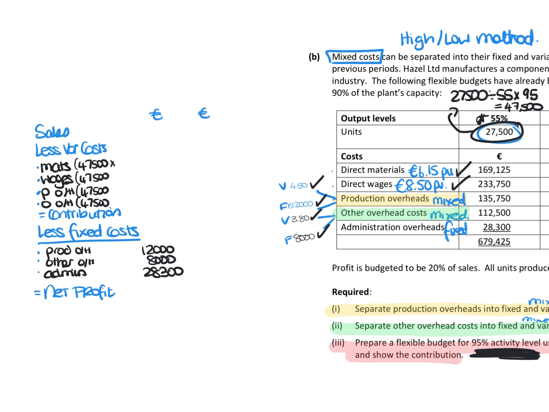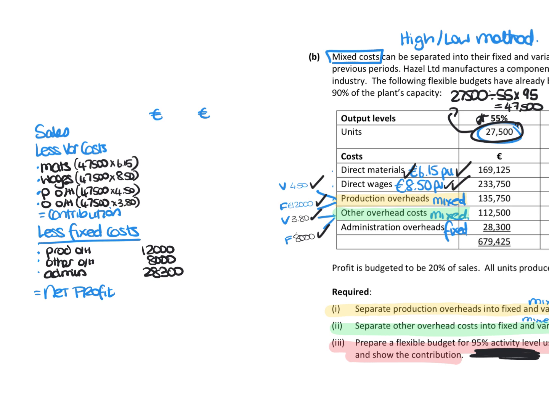So what we'll do with the 47.5, we will multiply it by the €6.15 for the materials. We'll multiply it by the €8.50 for the wages. We'll multiply it by the €4.50 for the production overheads. And we'll multiply it by €3.80 for the other overheads.